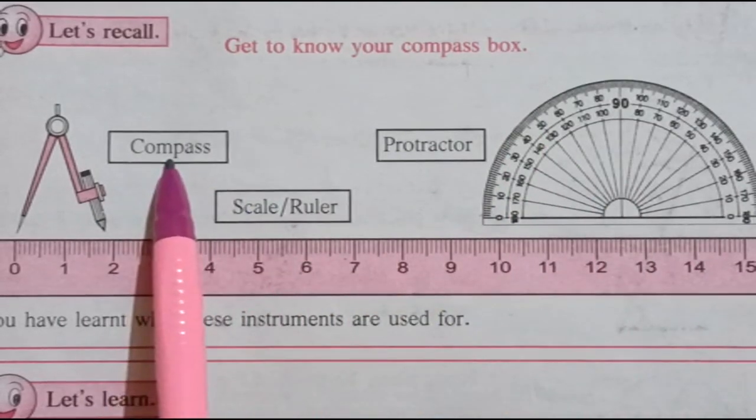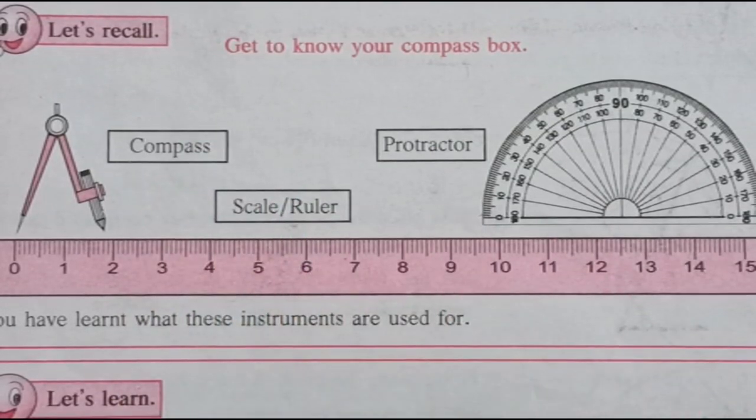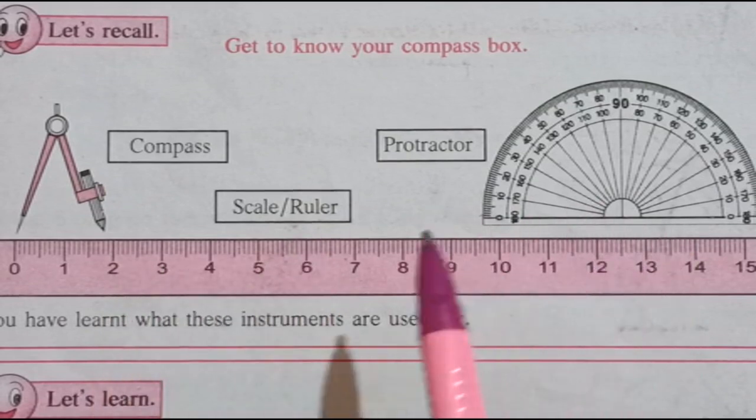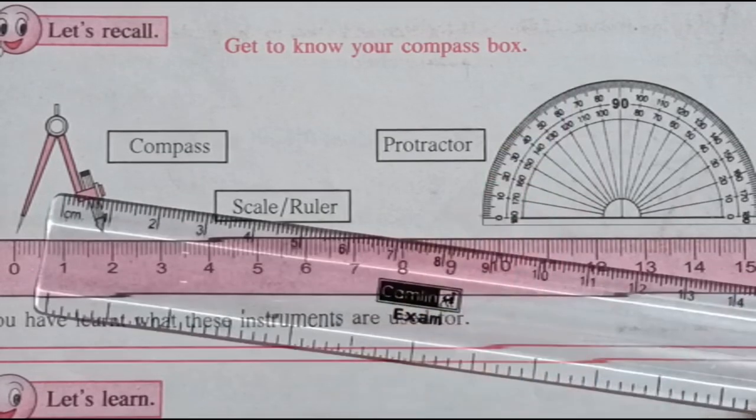So very first, we'll study the scale or ruler. Why are you all using a scale? To draw a line, for drawing a line segment, and to measure the centimetres given. You use it to measure the line or line segment.